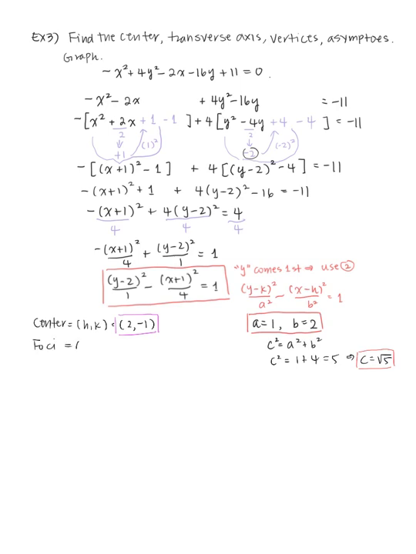So the foci formula is h comma k plus or minus c. So here you're going to have 2 comma negative 1 plus or minus, our c was square root of 5. So this is 2 comma negative 1 plus square root of 5, and then 2 comma negative 1 minus square root of 5.